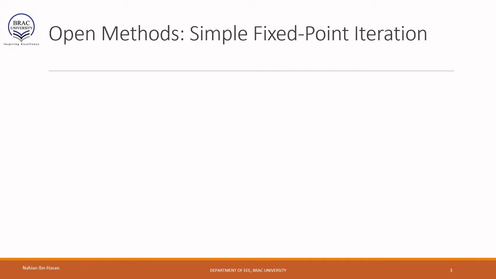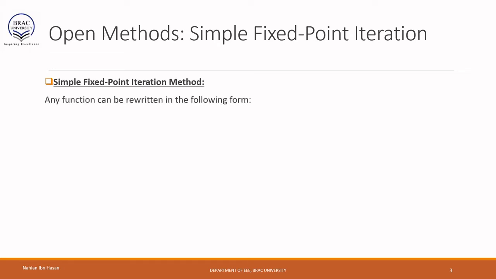Among the open methods, we will first cover the simple fixed point iteration method. So let's see the details of how we can apply this method for a specific problem. In the last few slides, in the examples we had used a function like f of x equal to x square plus 2x plus 3.